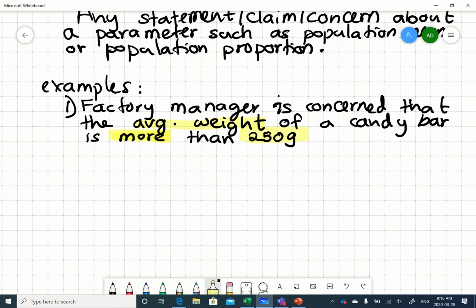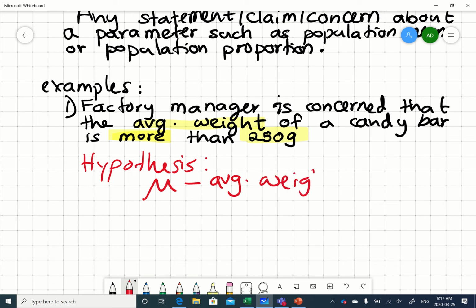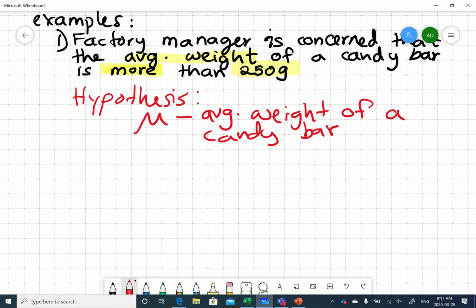That is his concern, hence it is the hypothesis. If you build a hypothesis here, mu, the population mean, is the average weight of a candy bar for this factory. And the hypothesis is that the mean is more than 250.